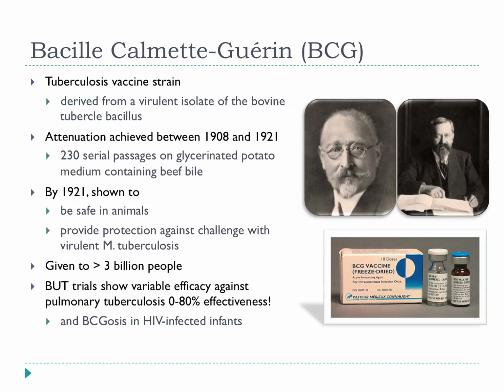There is a risk of something called BCGosis, which you see rarely, but it does happen. It's well described. You see it in HIV-infected individuals. You sometimes see it in those with genetic deficiencies in their immune system as well. So the BCG strain has the ability to replicate in human tissues, but it's normally very, very constrained.